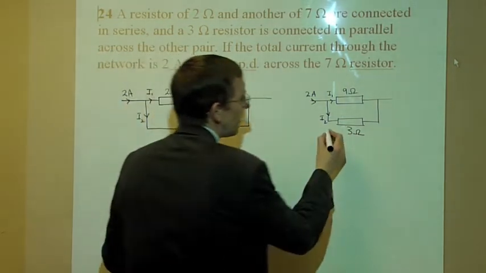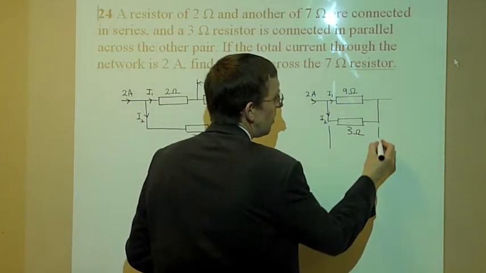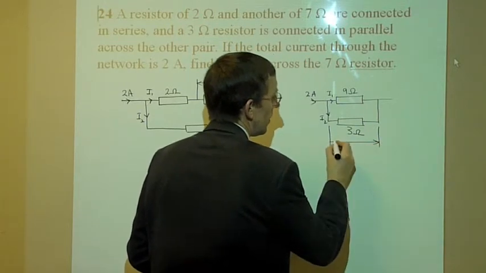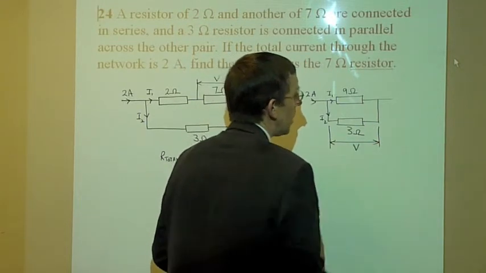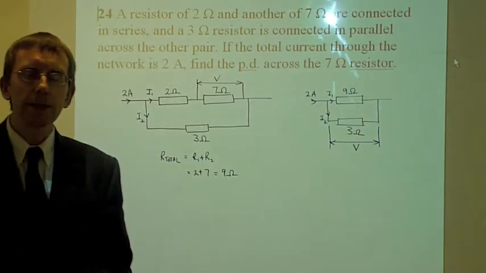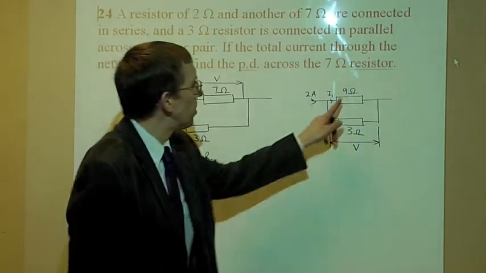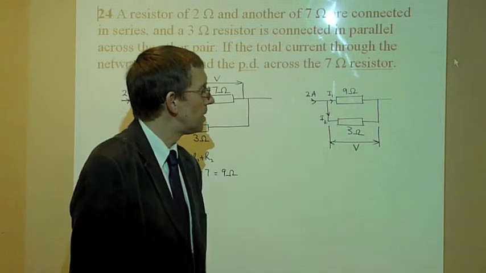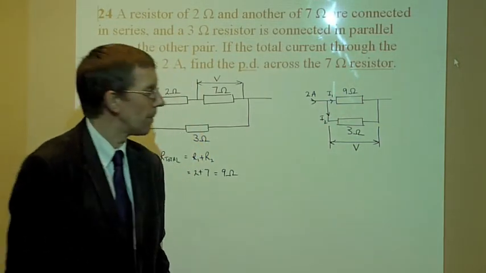Now, because these are in parallel, I know that the voltage across the 9 ohm resistor is the same as the voltage across the 3 ohm resistor.